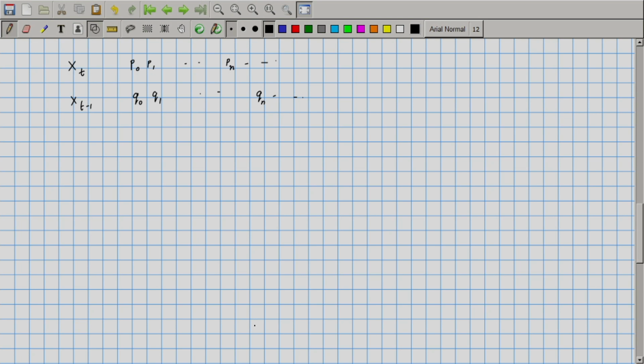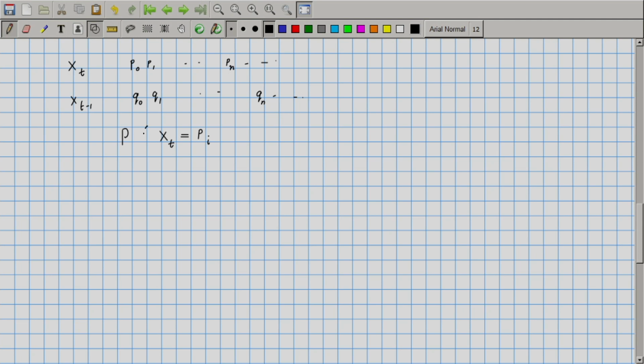Now, consider the entire evolution of these random variables. The value of x_t is equal to, let us say, p_i. So, it takes one of these values.